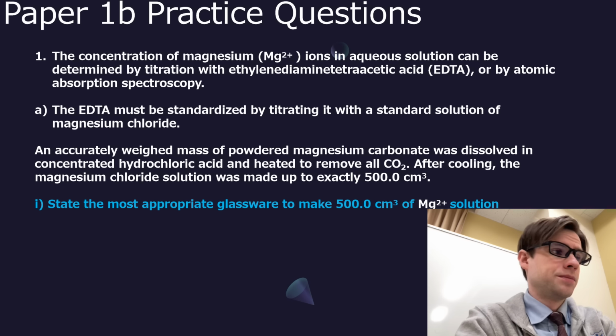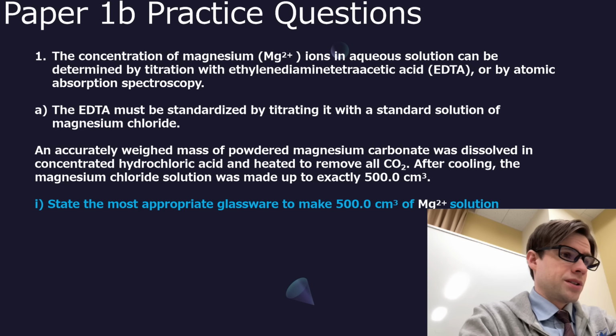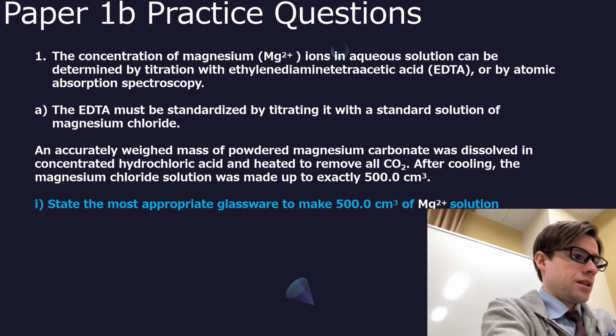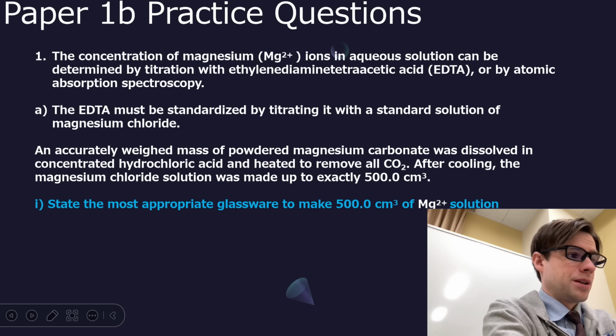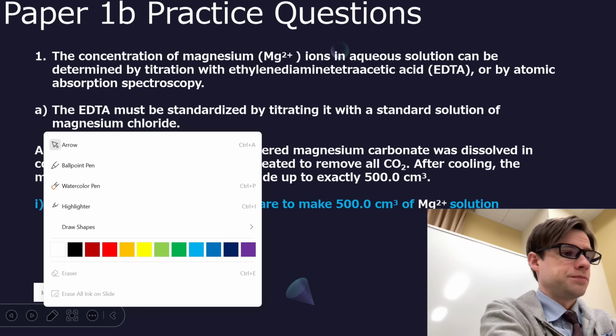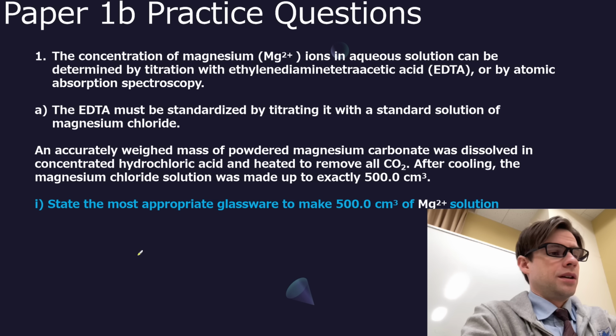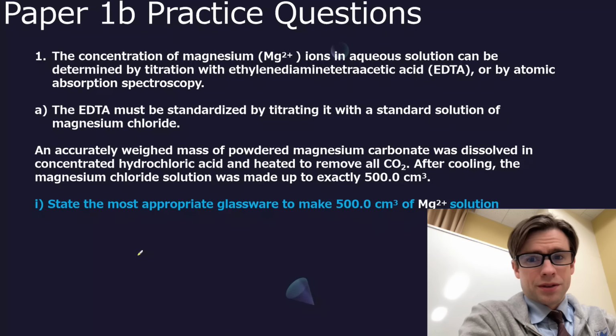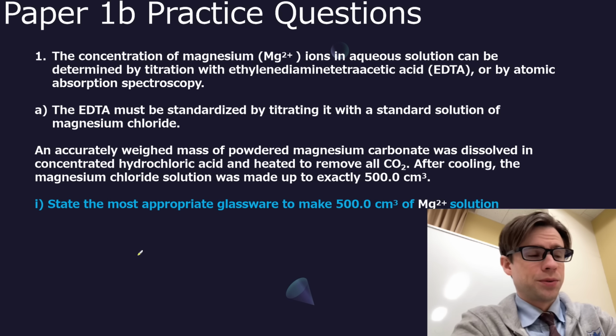This is fairly common. And the questions might start easy. So: state the most appropriate glassware to make 500 centimeters cubed of Mg2+ solution. We need to make a solution that is exactly 500 centimeters cubed, that's 500 milliliters. If you've studied solutions and concentrations and worked with glassware in the lab, hopefully you've learned that there are several types of glassware you can use.